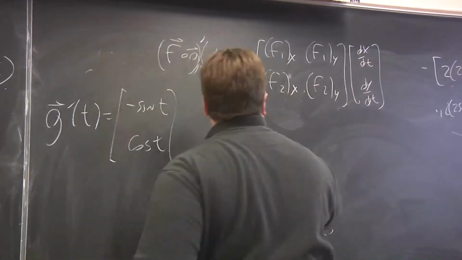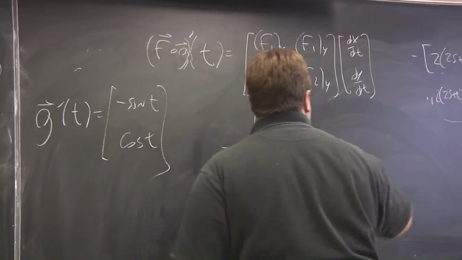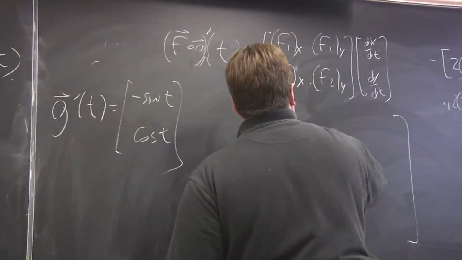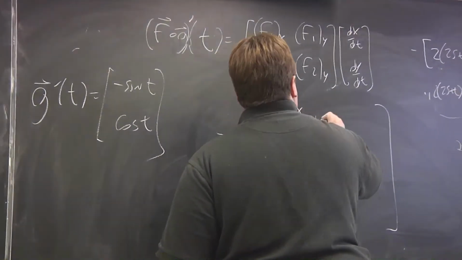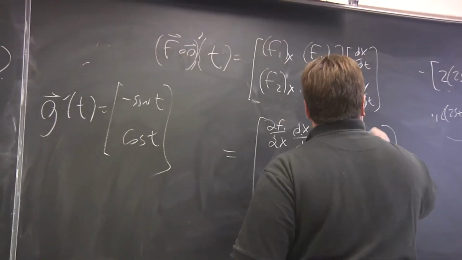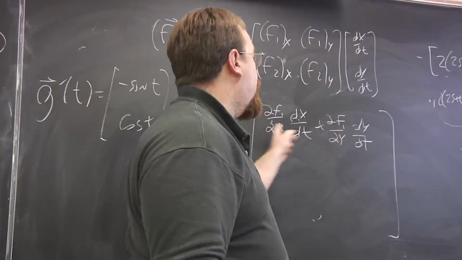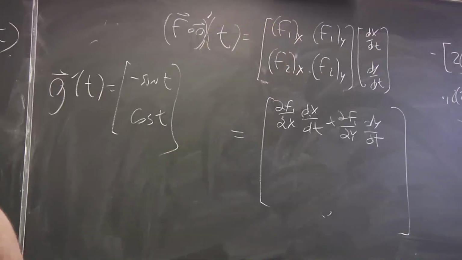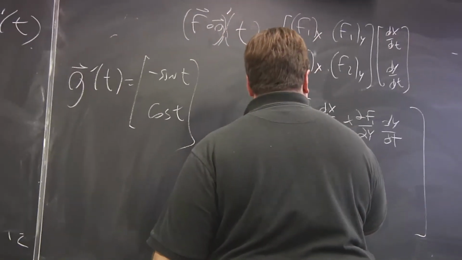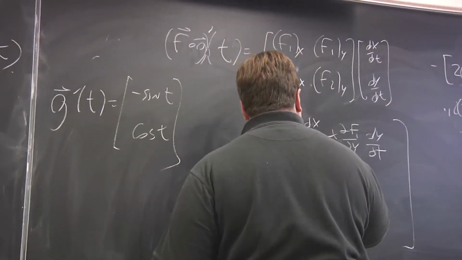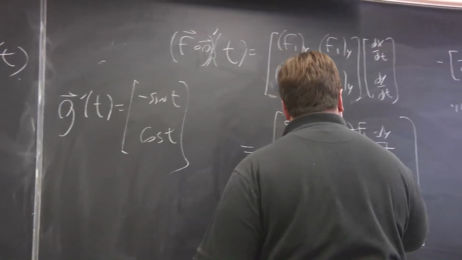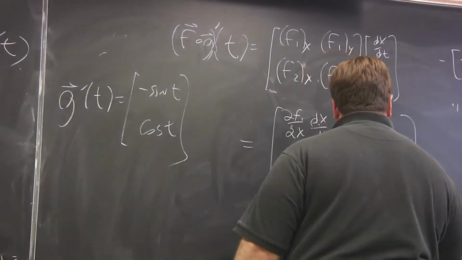So when we carry out the multiplication, we're going to get a vector with two elements. So we'll have df1/dx dx/dt plus df1/dy dy/dt. So that's the derivative of the first component function with respect to t. Down below we'll have df2/dx dx/dt plus df2/dy dy/dt.